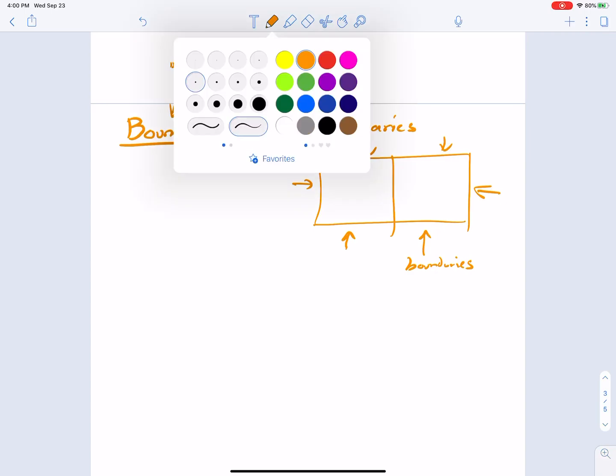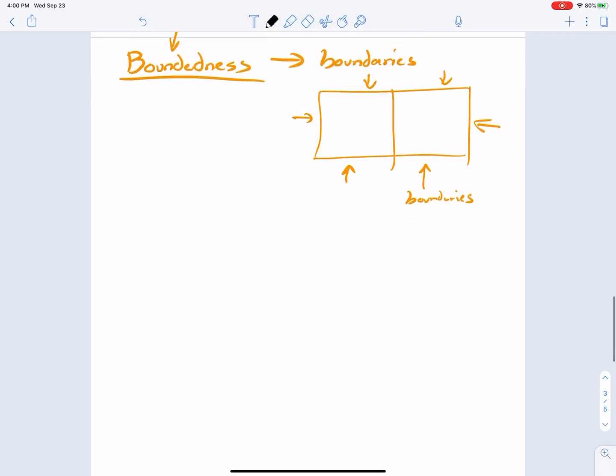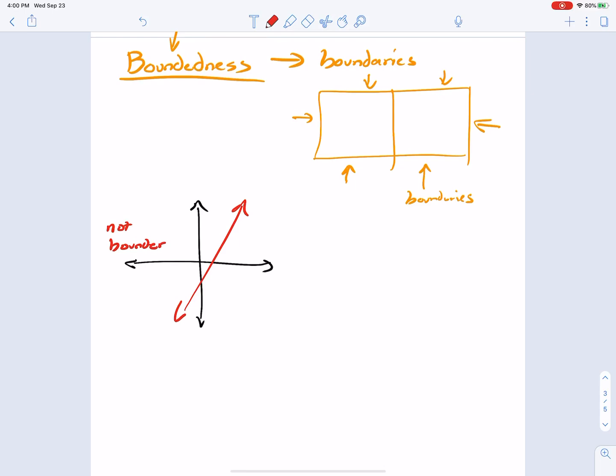So for instance, I'm going to give you 4 pictures. So here we go. I gave you a linear function. This function, you would say, is not bounded because it goes all the way up. Remember, that arrow right here implies that that graph will go all the way up, and this graph will go all the way down.